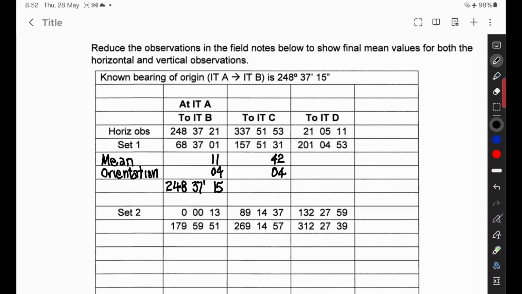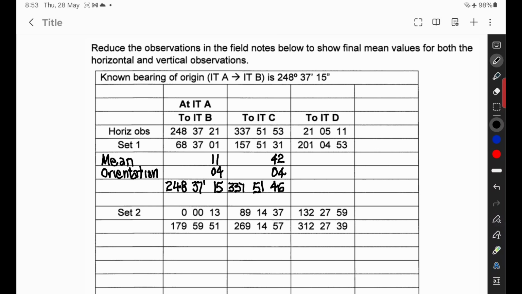That gives us 337, 51, 46. 337, 51, 46. 0453, 7 seconds will get us to 05, and then we've got another 11.